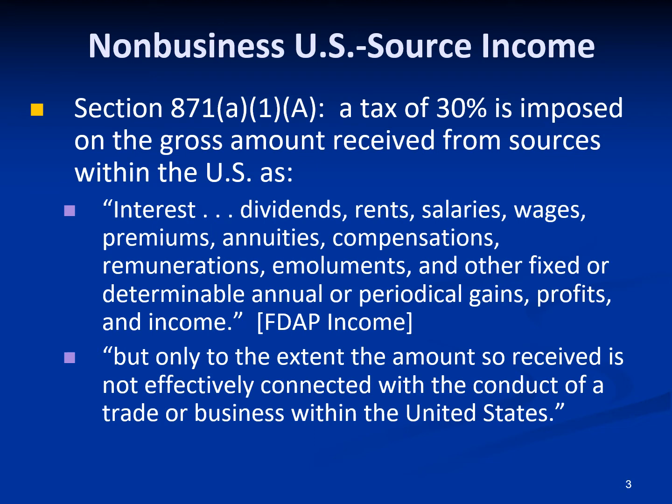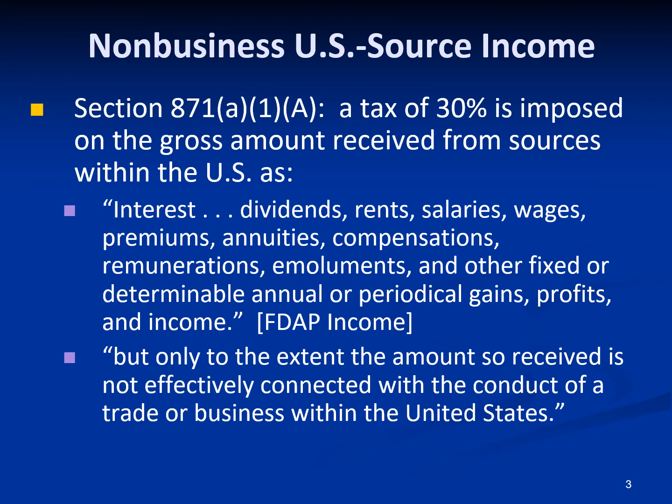In Section 871A1A, we see that this tax applies to interest, dividends, rents, salaries, wages, premiums, annuities, compensations, remunerations, emoluments, and, here's some key language, other fixed or determinable annual or periodical gains, profits, and income.